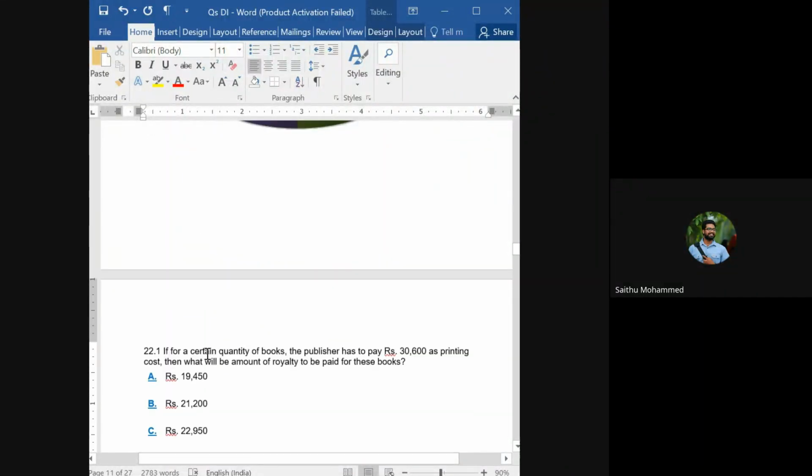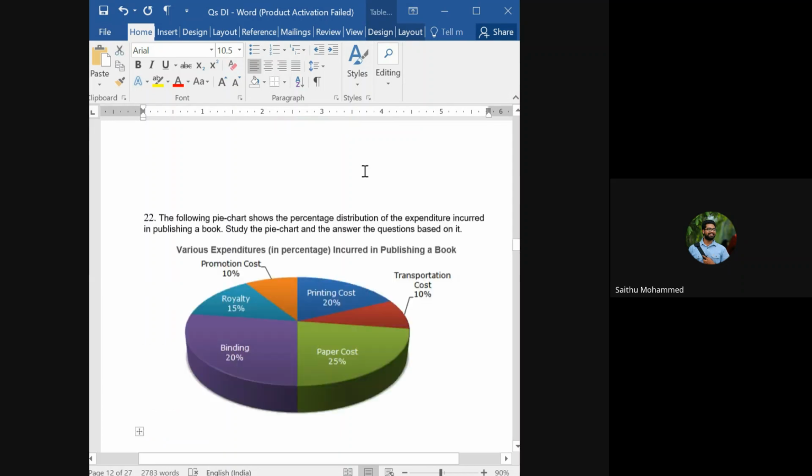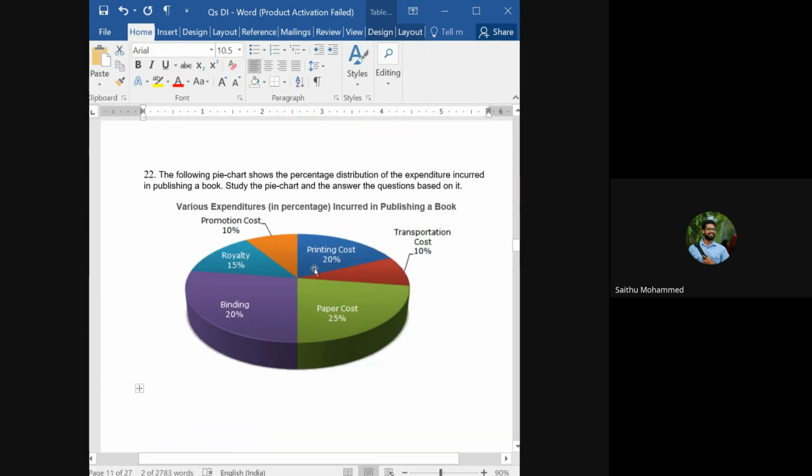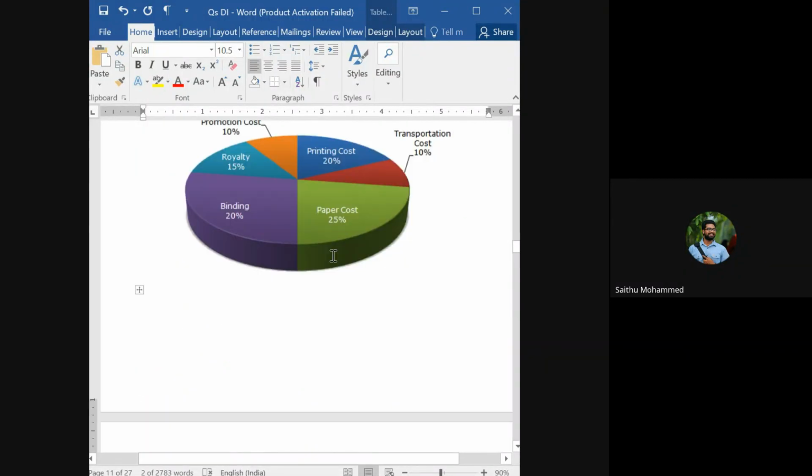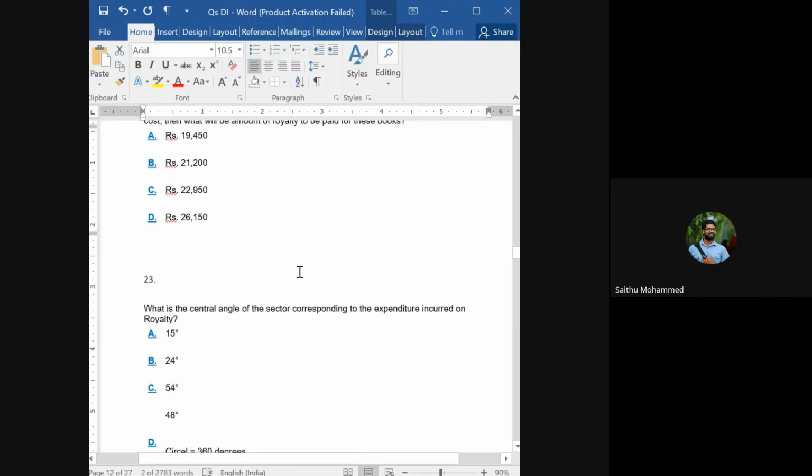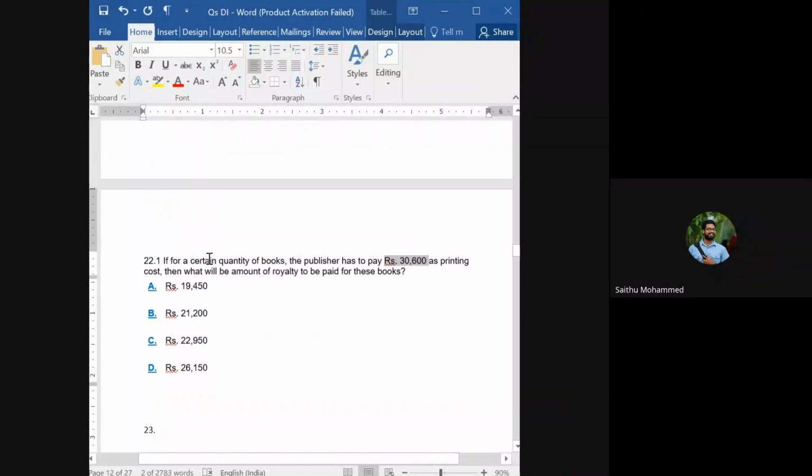We have been given the amount in rupees here, that is 30,600. Also, we know from the graph that printing cost is 20%, right? So we can actually make an equation out of it, and then we can easily solve this.